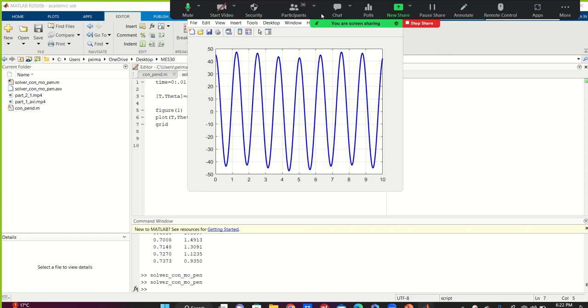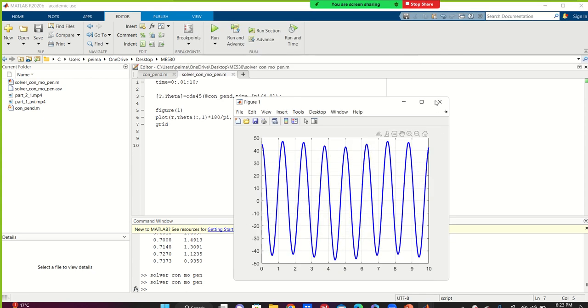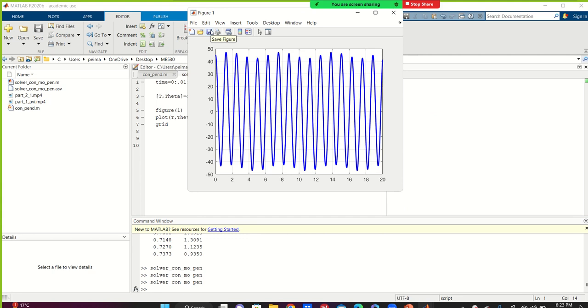See, you can increase the time. I want to see what's the effect of that. 20 seconds. See, now you can see the fluctuation based on the disturbance. See what I'm saying?